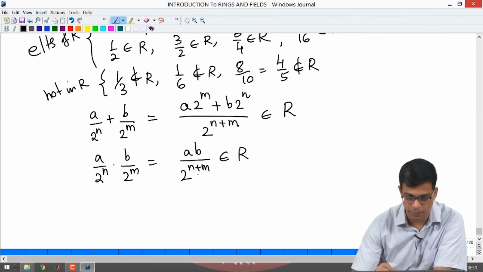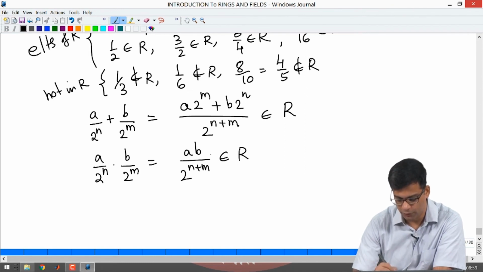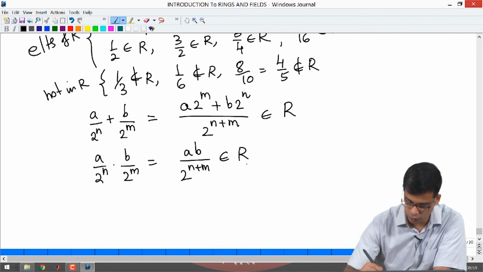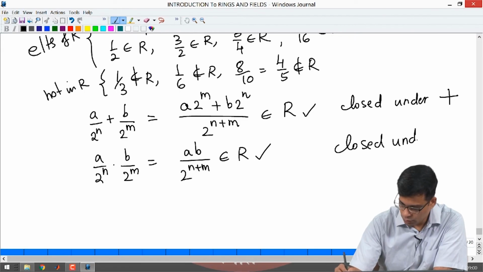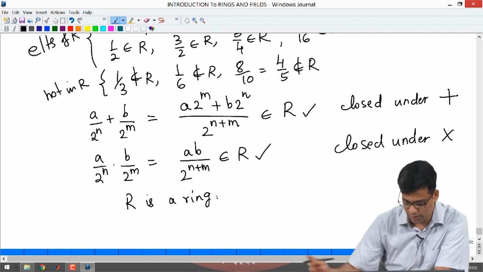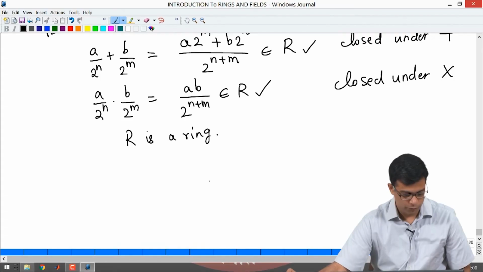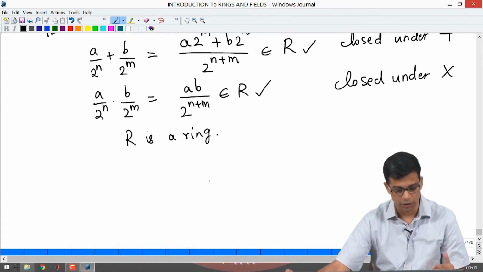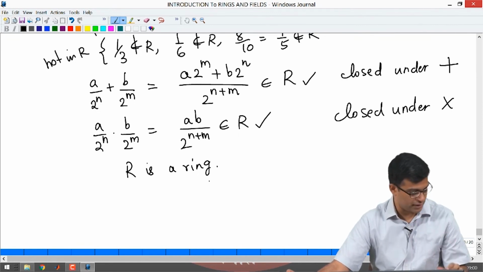The denominator is a power of 2, and even if you had to cancel, what remains will be a power of 2. So, this is in R. So, this is closed under addition, closed under multiplication. So, R is a ring. I will leave the verification for you. R is a ring. So, these are some of the examples I wanted to do, which show how to verify if a few given sets are rings or not.